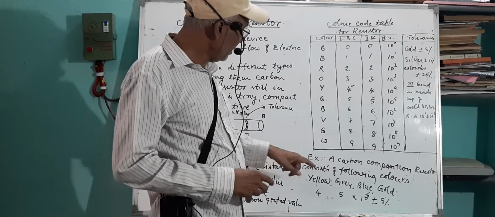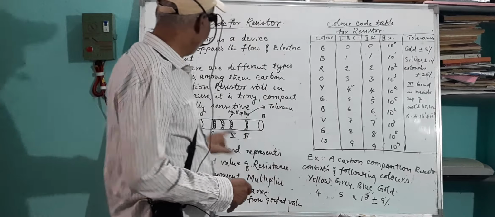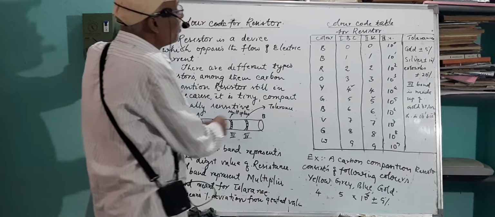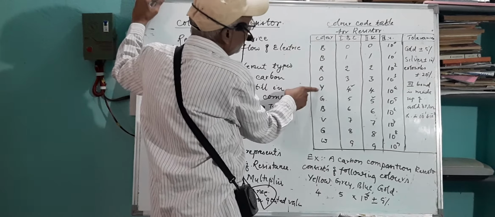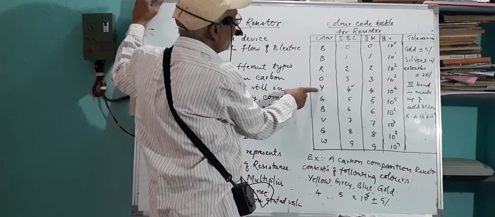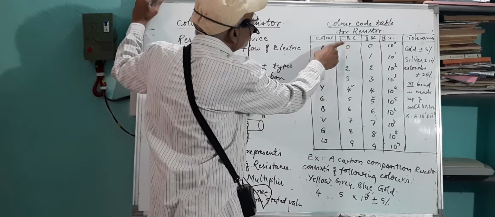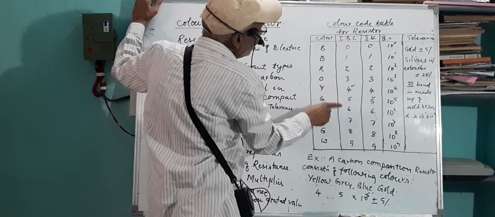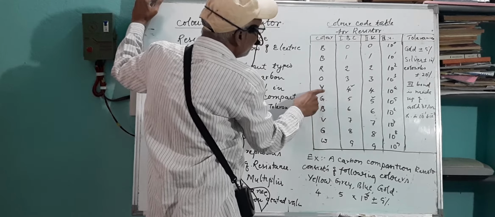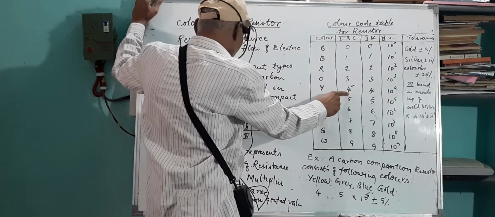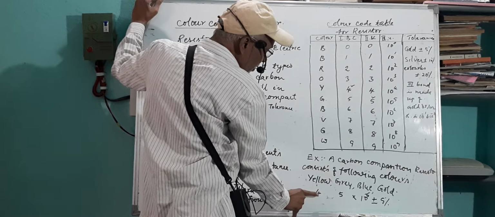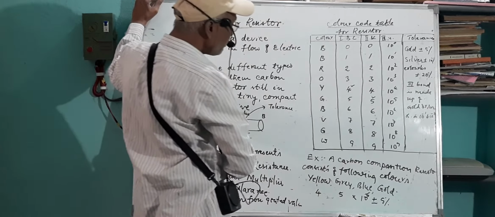You know that the first color band is yellow. So you go through the table, where Y corresponds to yellow. For the first band color, corresponding to yellow, the first digit value is 4.